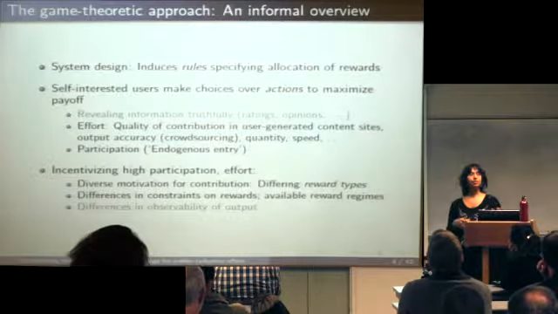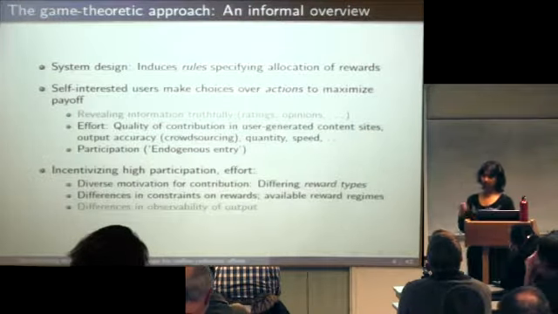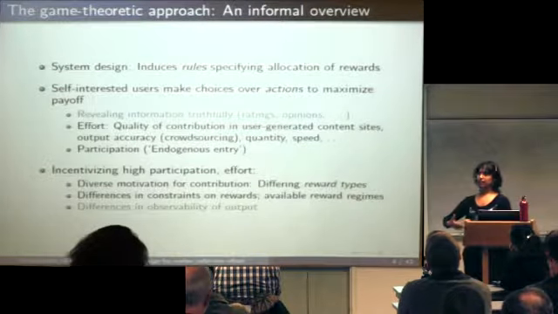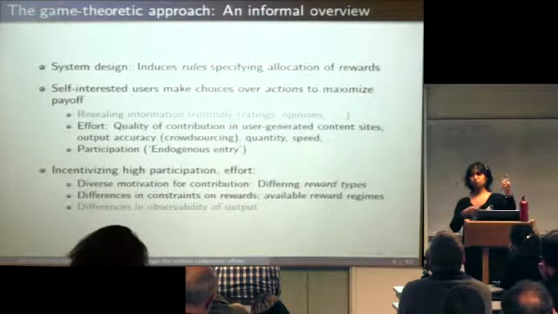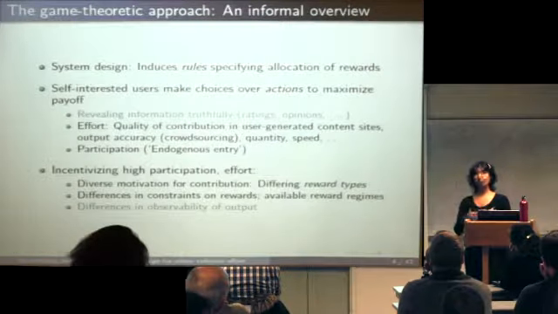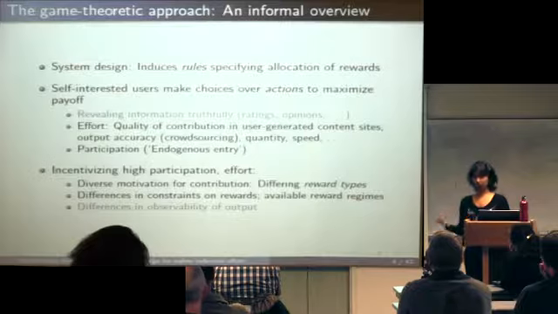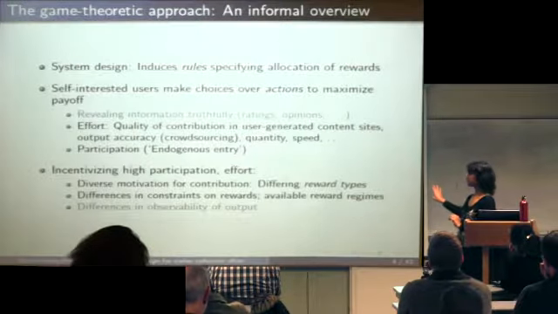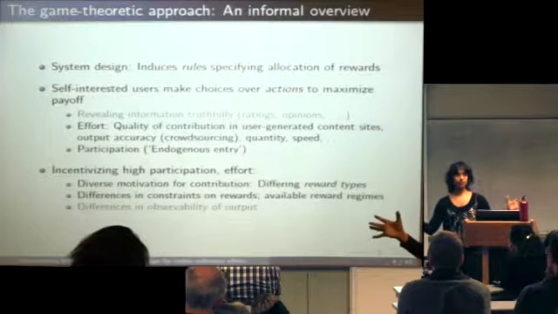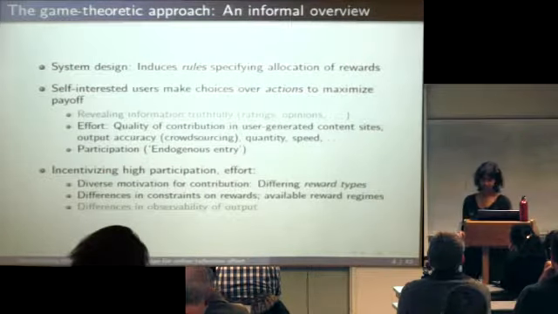On the other hand, if you think about a user-generated content site like Amazon Reviews, I don't think anyone on Amazon is willing to sit down and examine all of the reviews on the site and decide this one is so good and this one is so bad. So that leads to differences in how carefully you can observe output and therefore what you can reward for. Okay, so that's another reason. These are the two reasons why there isn't one umbrella mechanism solution.